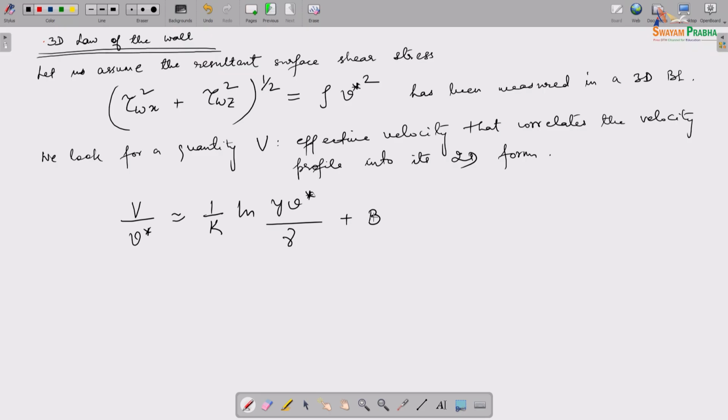So, we are trying to do something like that, and we are looking at velocity V.